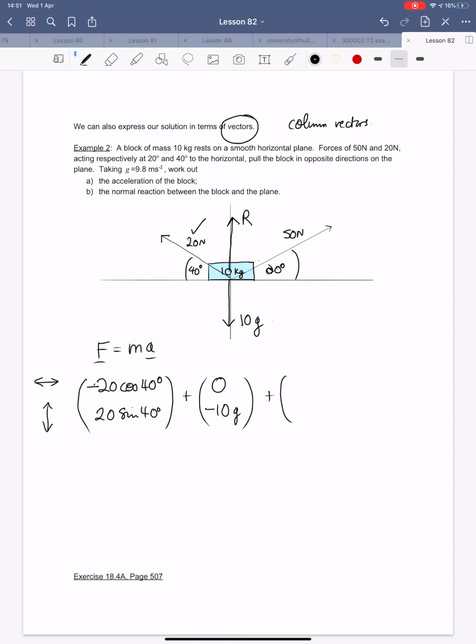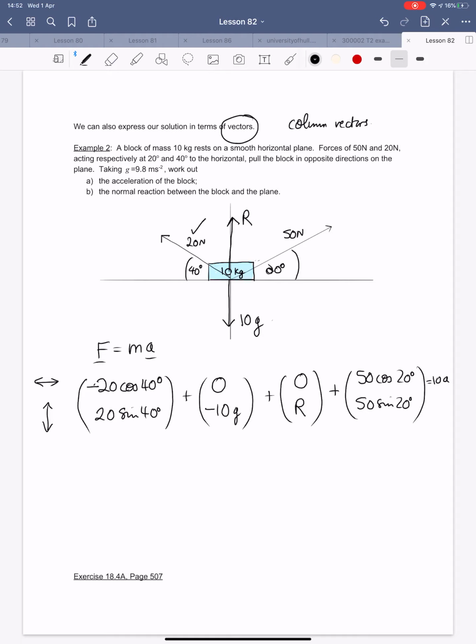Then 0 horizontally and R vertically. The next one is 50 cos 20 degrees horizontally, 50 sine 20 degrees vertically. And this is going to be mass times acceleration.